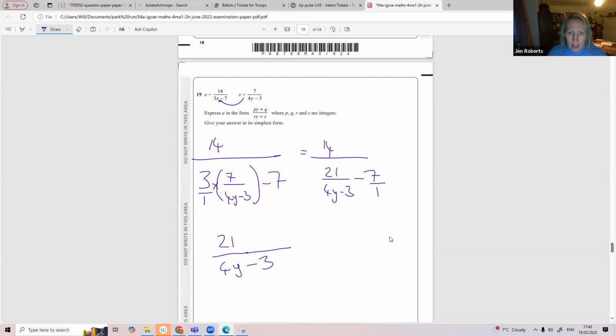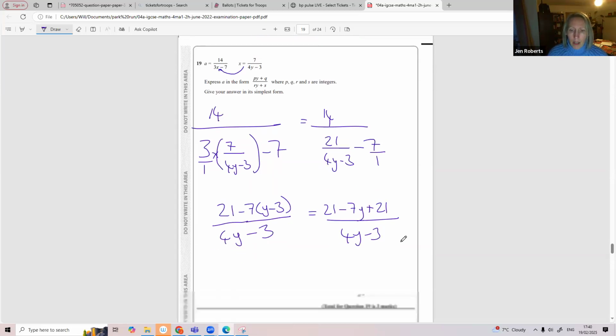But for the 7, I need to times it by 4y minus 3, because I've multiplied the denominator by 4y minus 3. Let's work that out, but again, be careful. Negative 7 times y is negative 7y. Negative 7 times negative 3 is positive 21. Right, let's simplify. 21 plus 21 is 42.